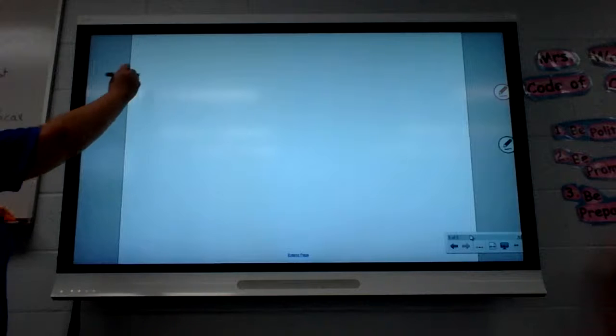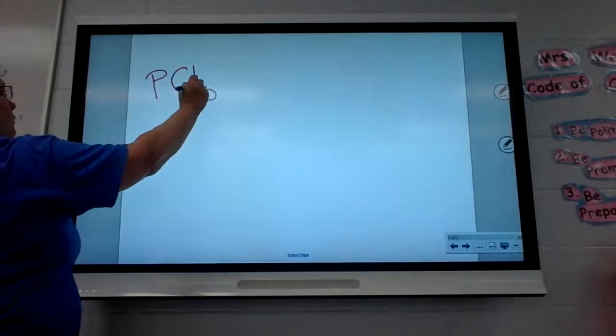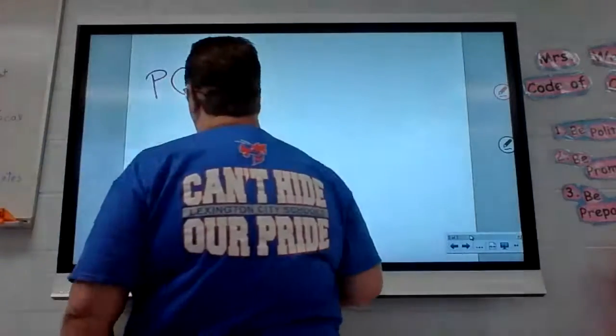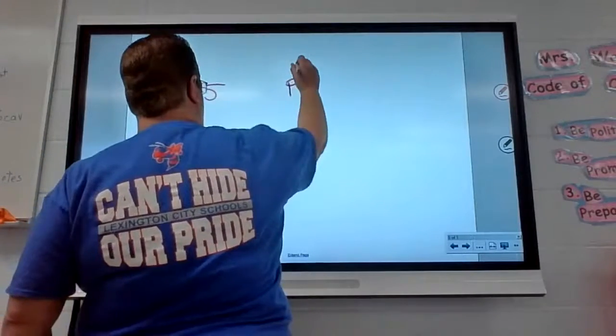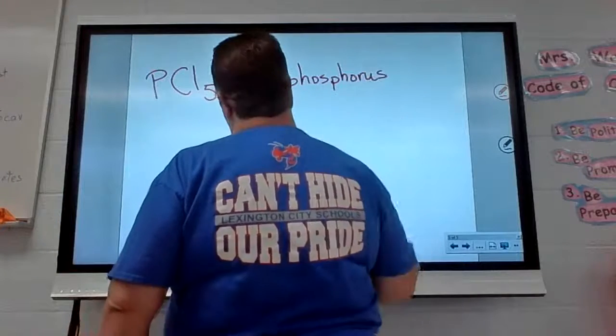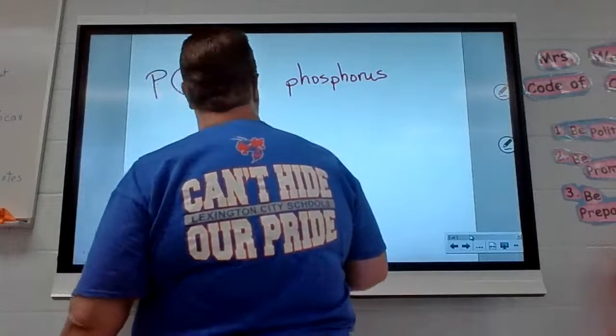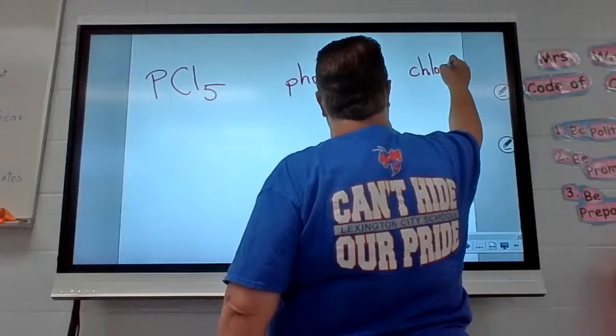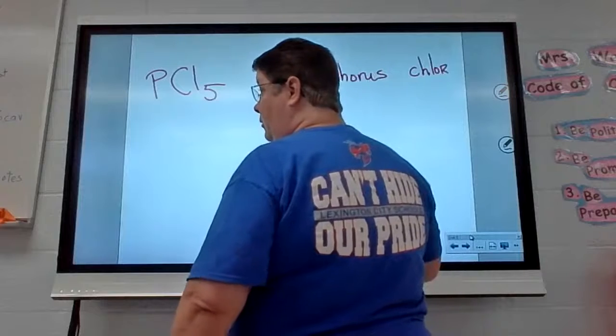All right, let's say I have PCl5. What's P? Phosphorus. All right, what's Cl? Chlorine. What do you do to it?